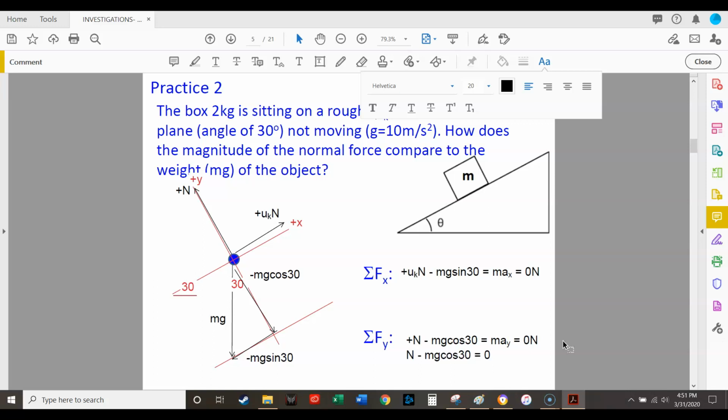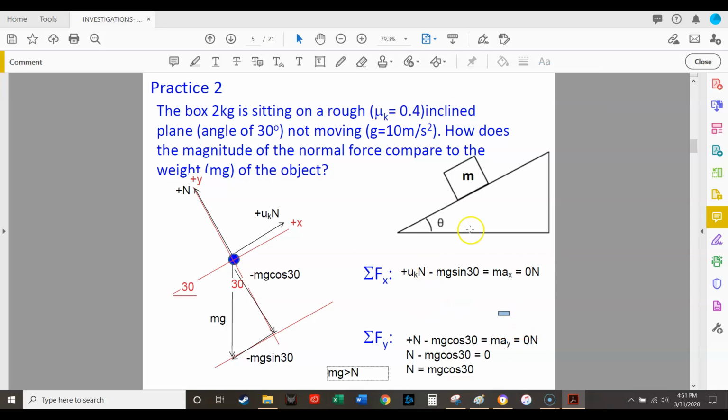What we find out is that if we add mg cosine of 30 degrees to both sides, the normal force is equal to mg cosine of 30 degrees. Same thing as before. And what that tells me is that since the normal force is equal to mg cosine of 30 degrees, that means mg is greater than the normal force, because mg cosine of 30 degrees is less than mg. So we get the same answer as before.